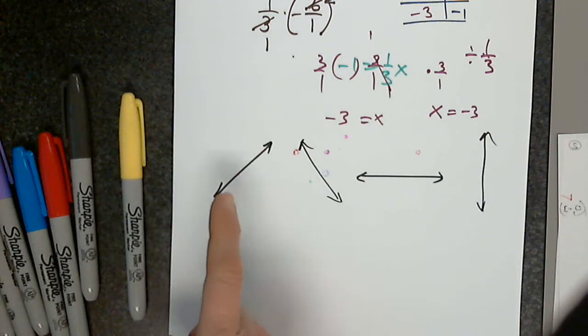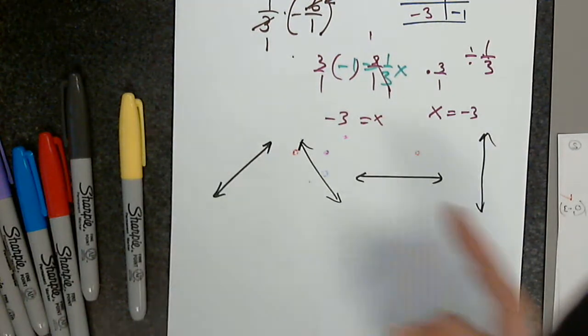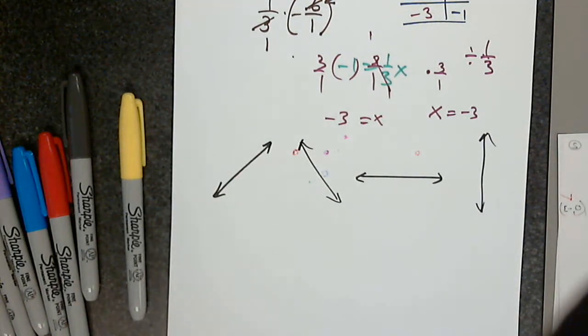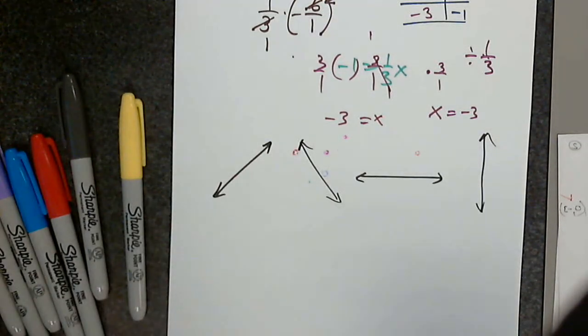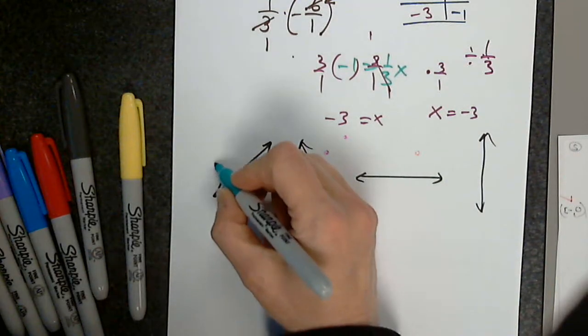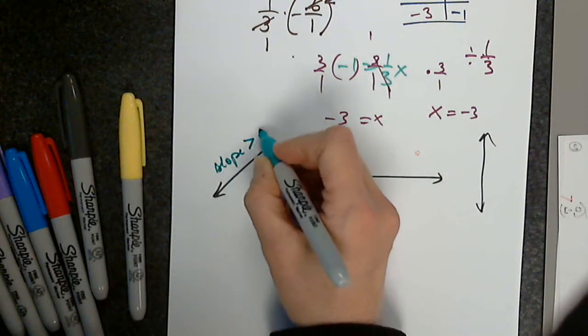What kind of slope, I'm jumping a little bit ahead, what kind of slope is this? Or if you want to say, what kind of trend is this? Positive, increasing, right? So this one will have a positive slope.